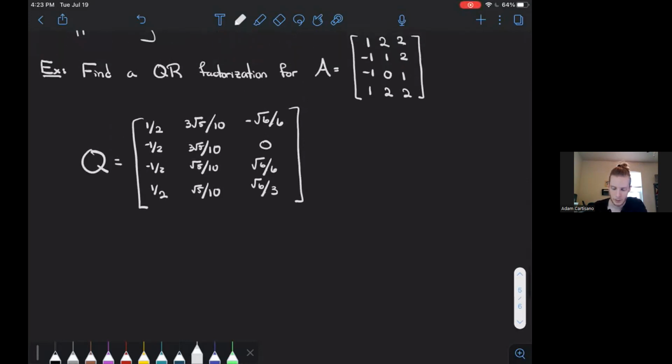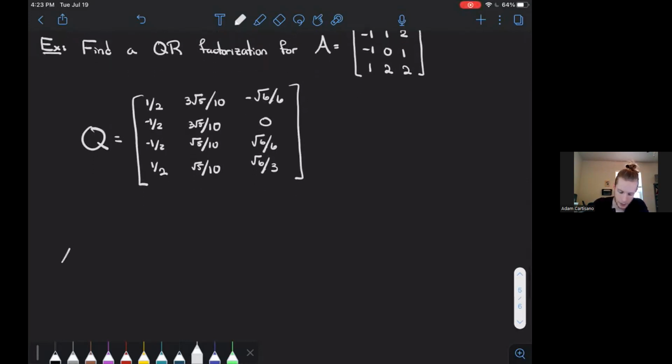Now we have to find an upper triangular matrix R that's invertible that satisfies this property. So notice that A equals QR, where Q satisfies the properties of this matrix Q. From a theorem from 5.1, Q transpose Q is the identity.